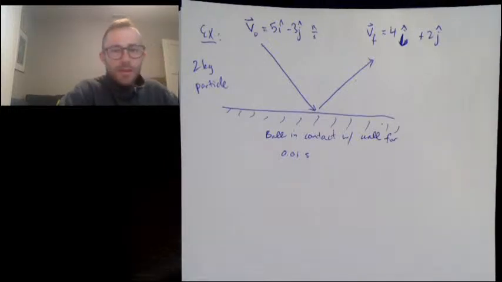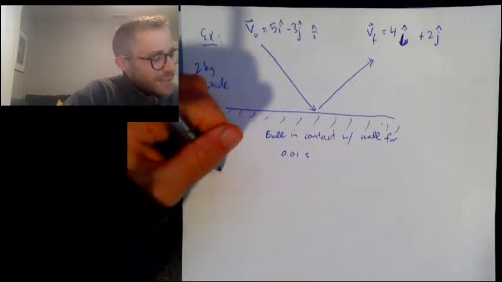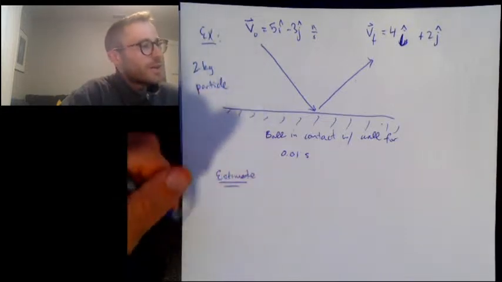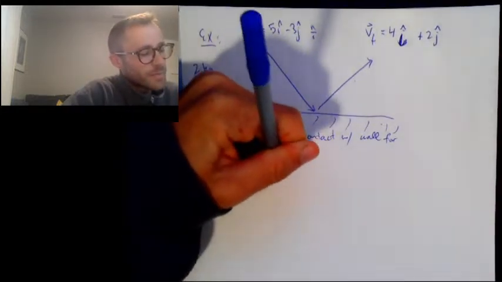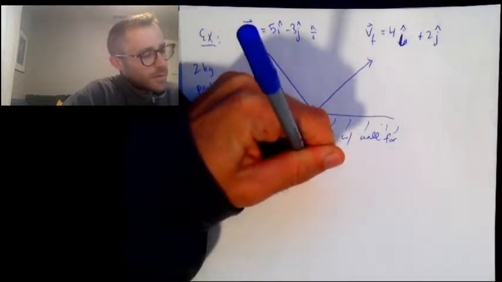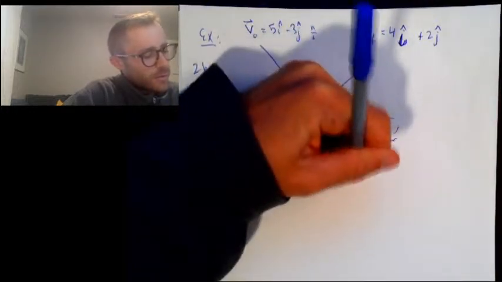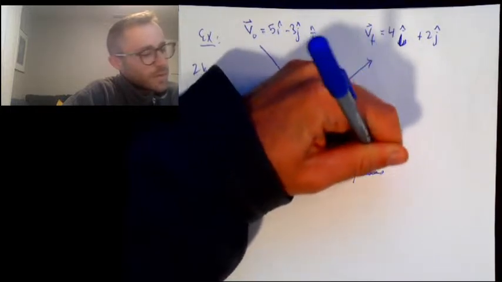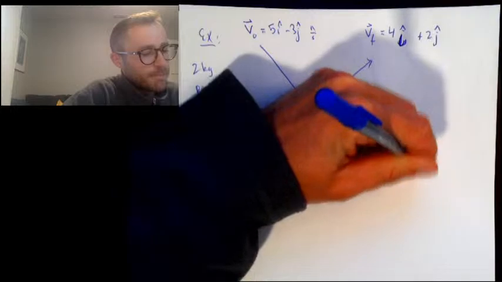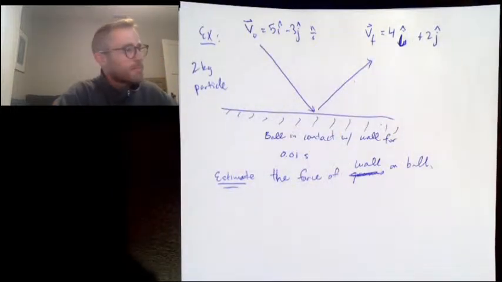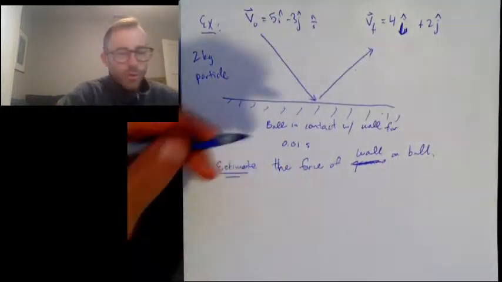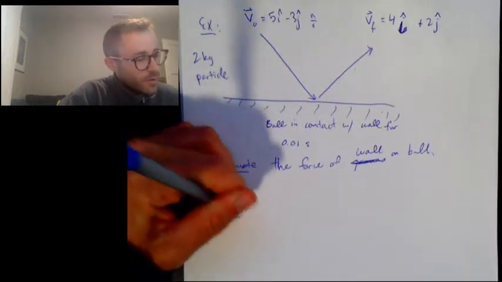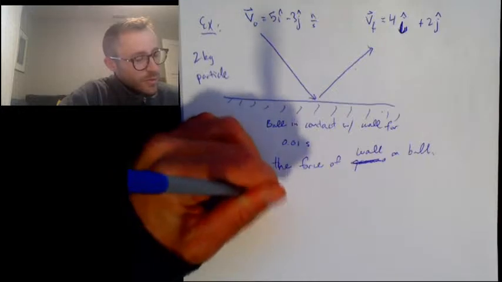All right. So let's estimate, and that's a keyword, estimate the force of the ground, or of the wall, on the ball. So what we're going to do is use the sneaky form of Newton's second law. Net force equals the derivative of the momentum.